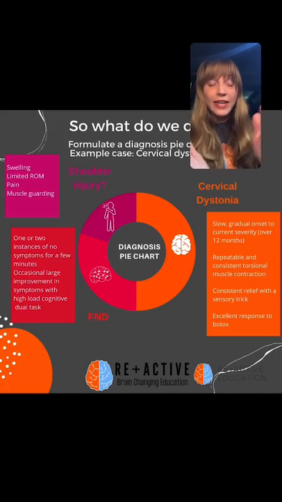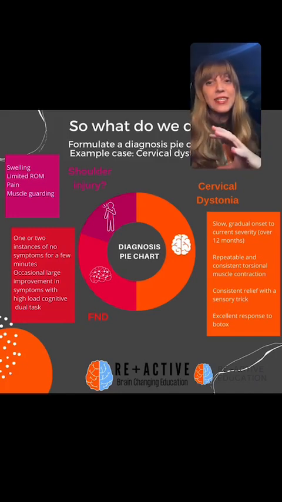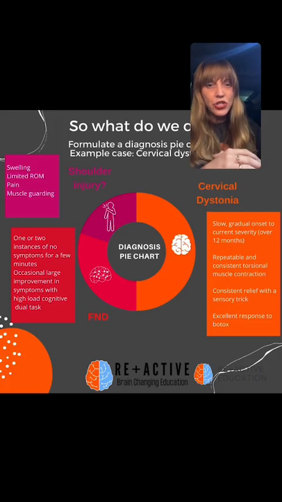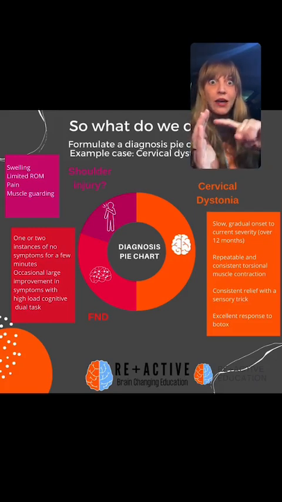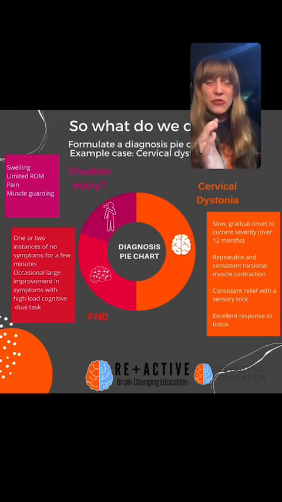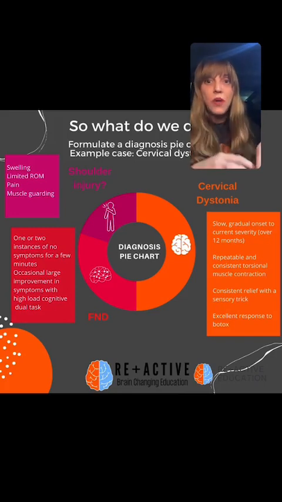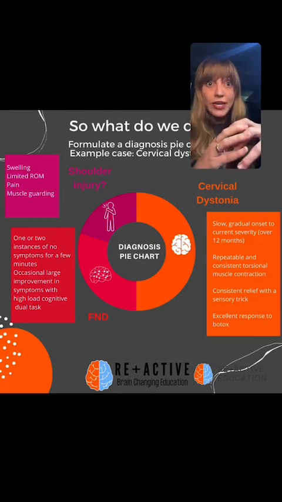And then finally, and we see this a lot in our patients, there might be other issues. So particularly this person had a shoulder injury and some shoulder pain that actually preceded the cervical dystonia diagnosis, and there was some swelling, some limited range of motion, some pain, even some muscle guarding.